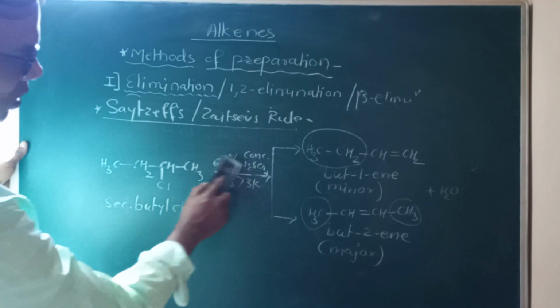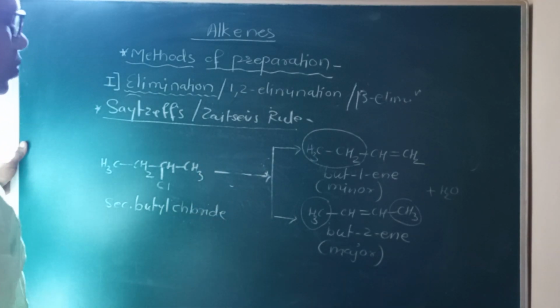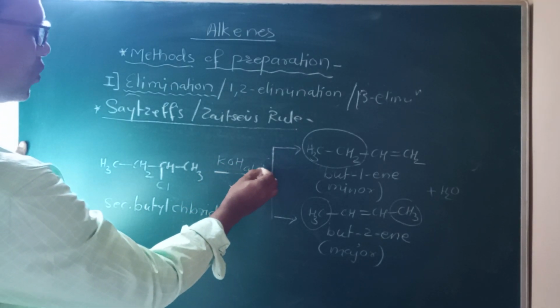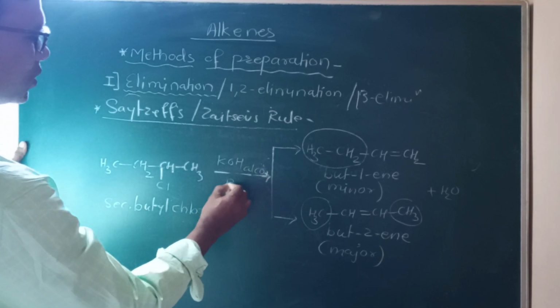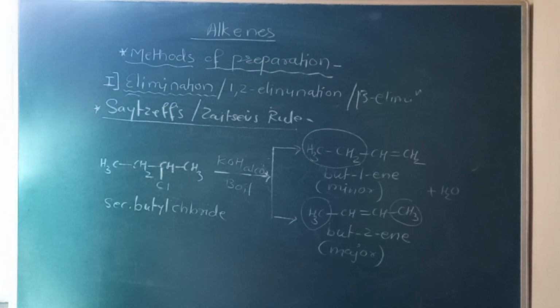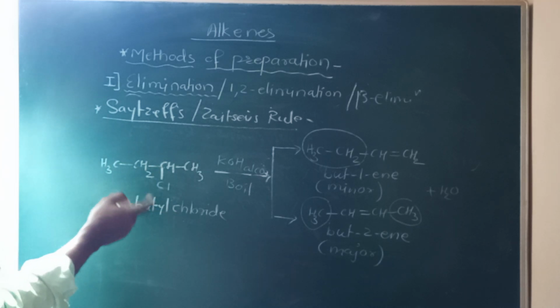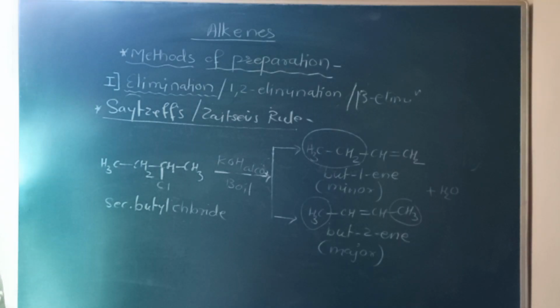Okay, it's a dehydrohalogenation reaction, which is carried out by using alcoholic solution of KOH, alcoholic KOH, on heating or boiling this reaction mixture. Again, two products are possible. Same products, but-1-ene and but-2-ene. Okay, it's a dehydrohalogenation, means it involves loss of hydrogen and halogen, and the halogen departs along with H from a neighboring carbon atom.